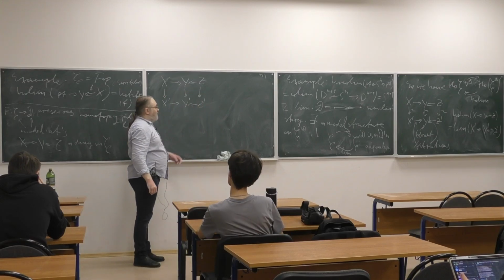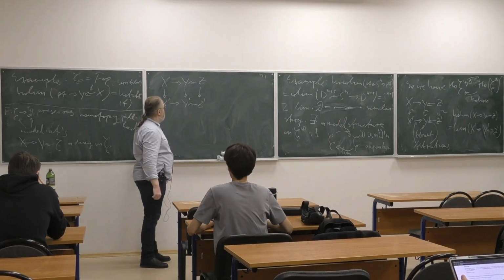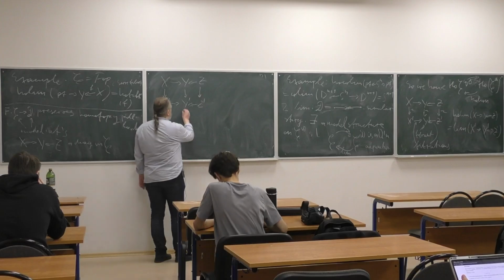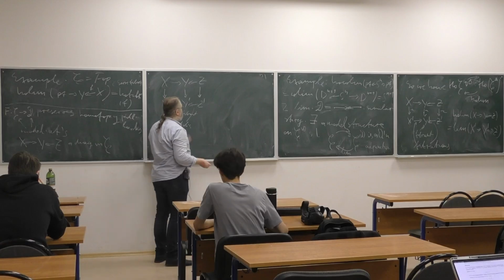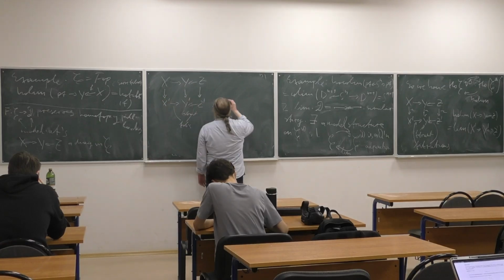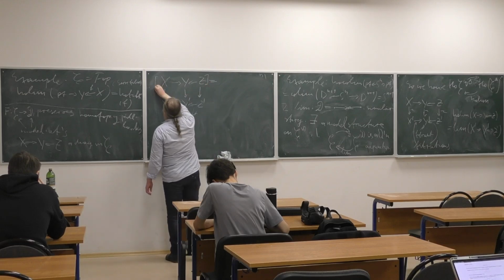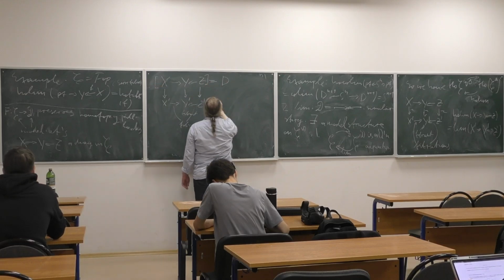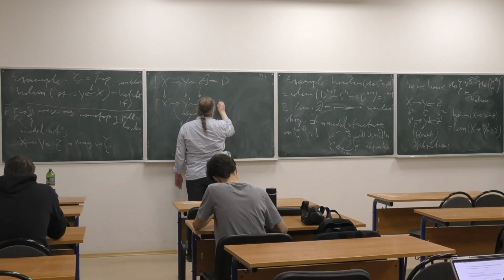In other words, I assume that y prime is fibrant and both arrows are fibrations. Let me call this diagram D, and the bottom one will be D prime.